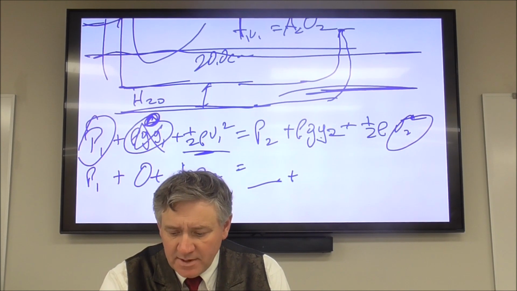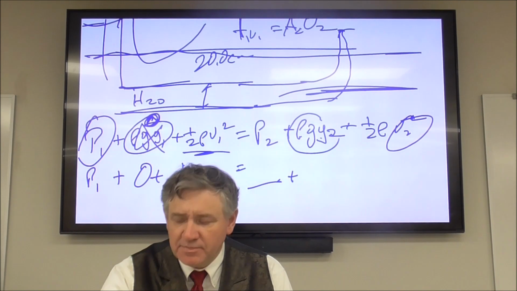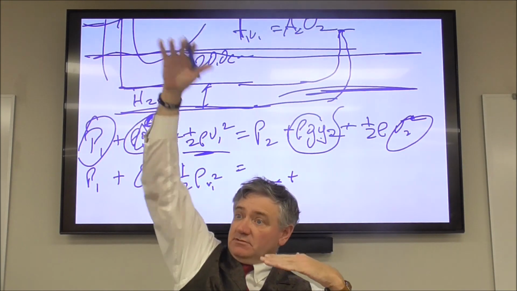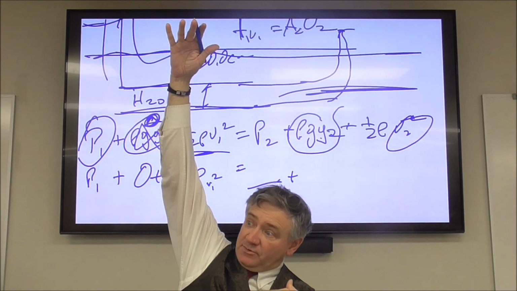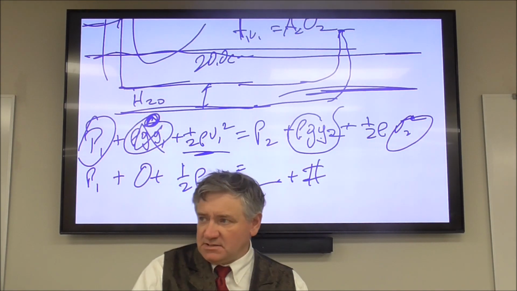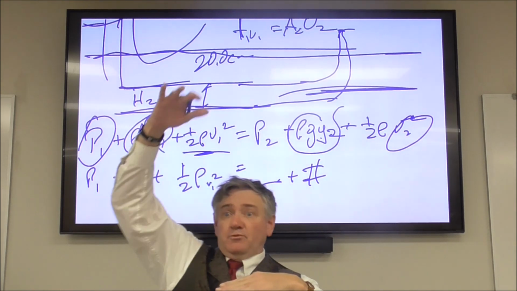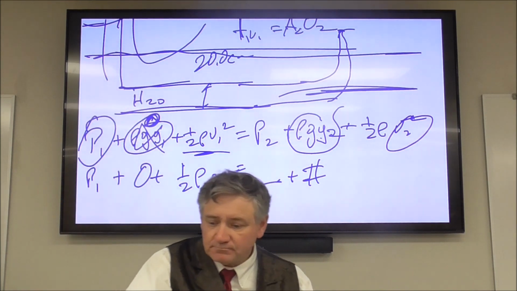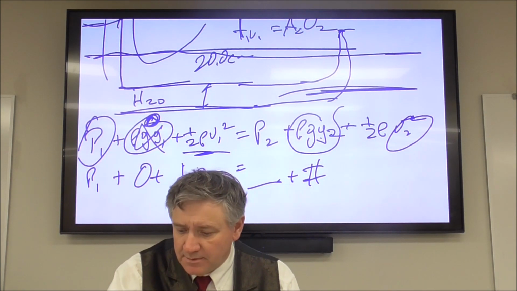So what's going to happen over here is that because it's above the ground, now we're going to build potential energy because we're lifting this water up above the ground. Okay, we're lifting it up. So this is going to be some positive number, right? Because now we're storing potential energy, because we're going from below the ground and up.